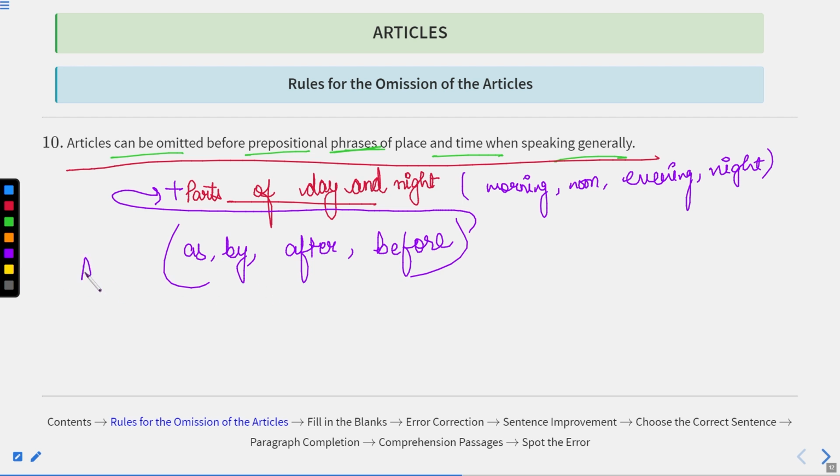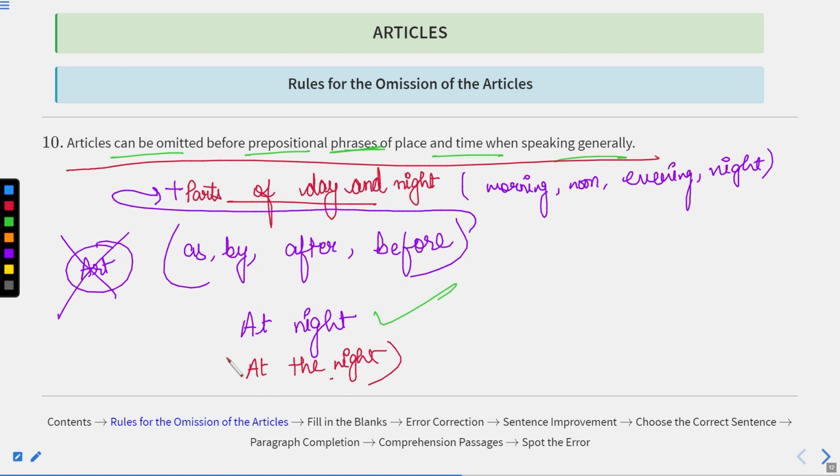We cannot use article before these phrases. For example, if I say at night, this is correct. Okay, if I say at night, this one is correct. But if I say at the night, this will be incorrect. Okay, at the night, this will be incorrect.